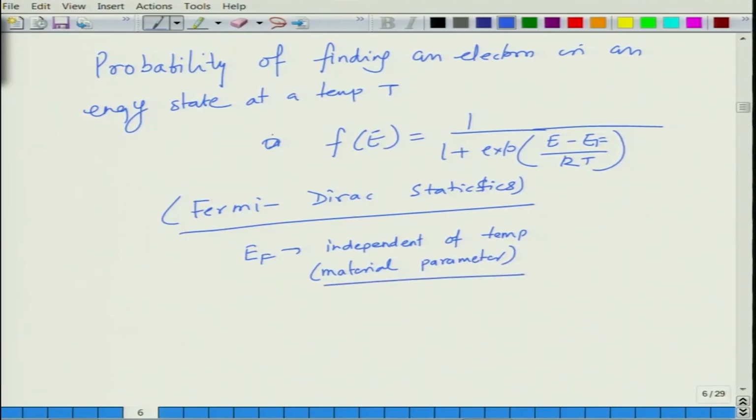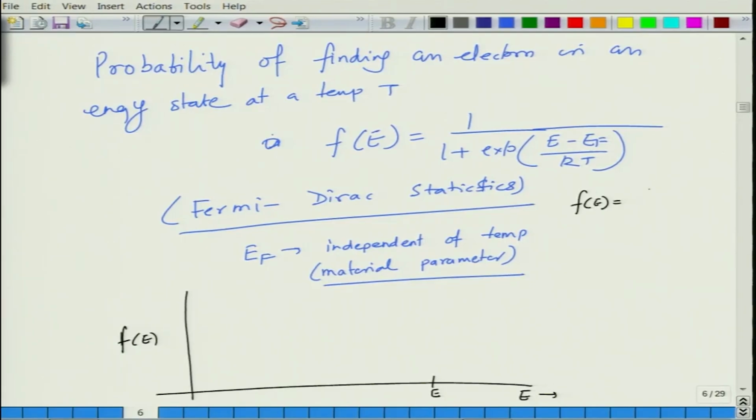Okay. So when you plot this, let us say we make a plot of Fe versus E. So let us say this is the energy Ef. If you write at 0 Kelvin, this becomes 1 over 1 plus exponential of (E minus Ef) divided by 0.